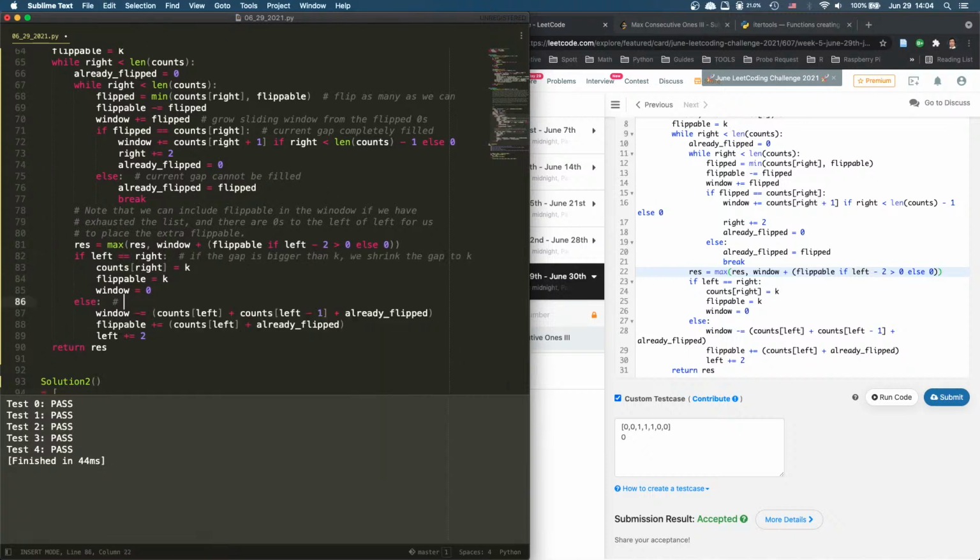And this is a sliding window. We move from left and add to the right.